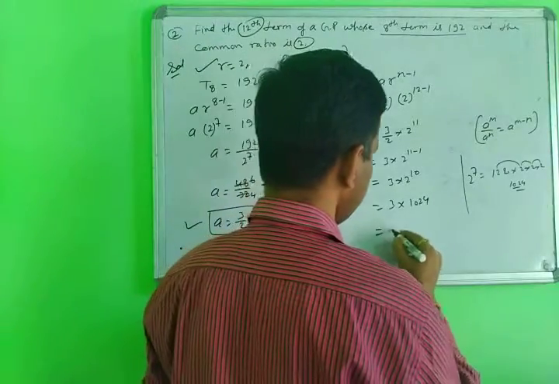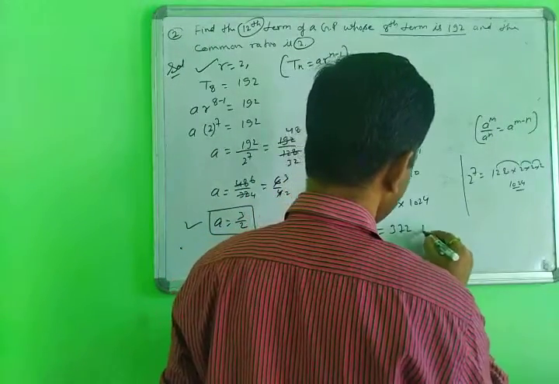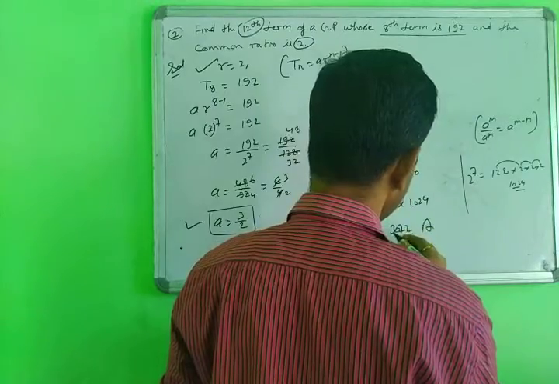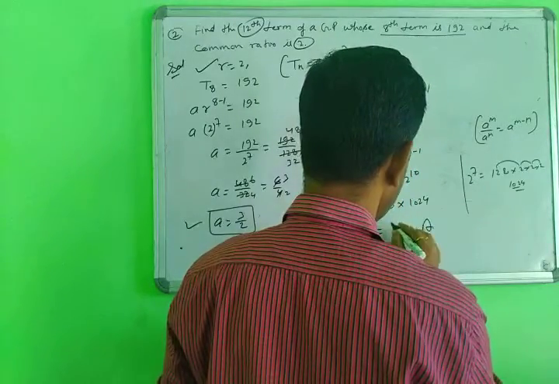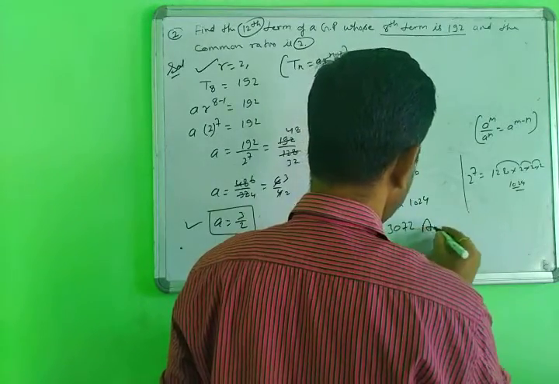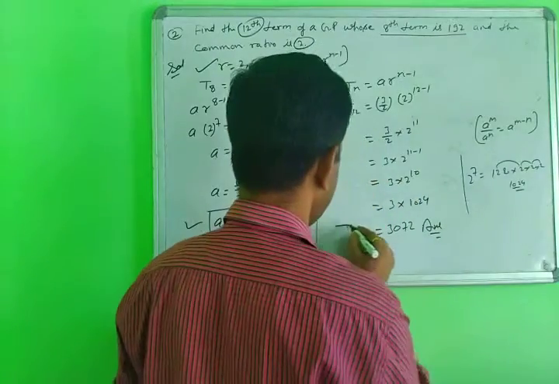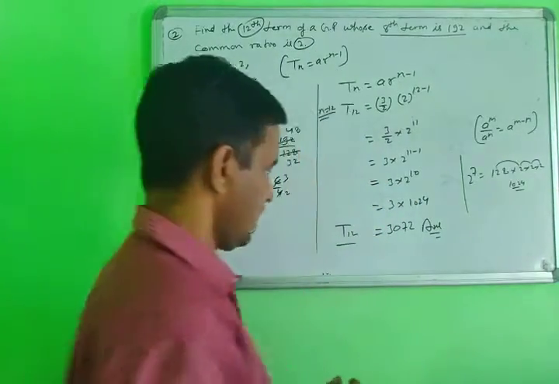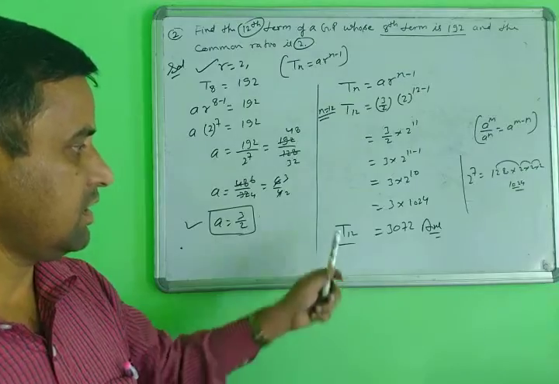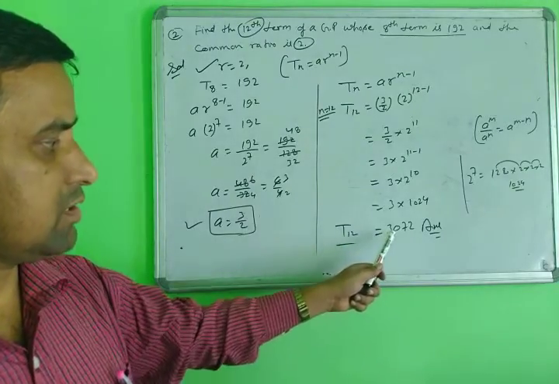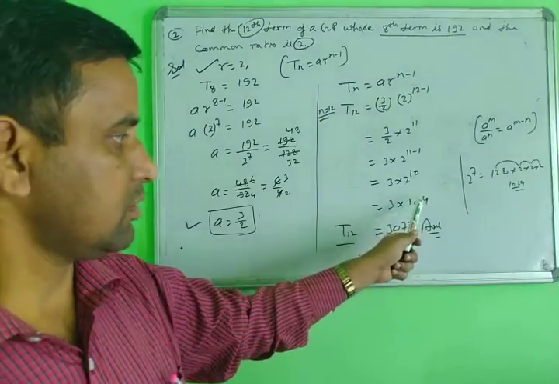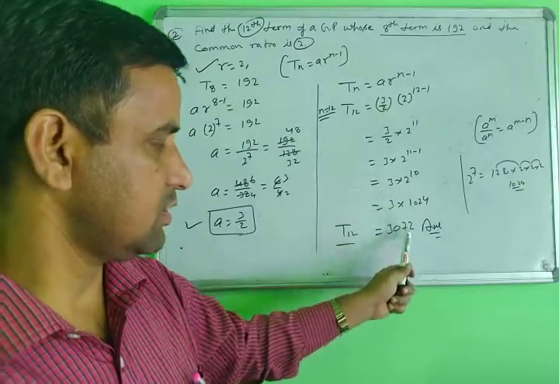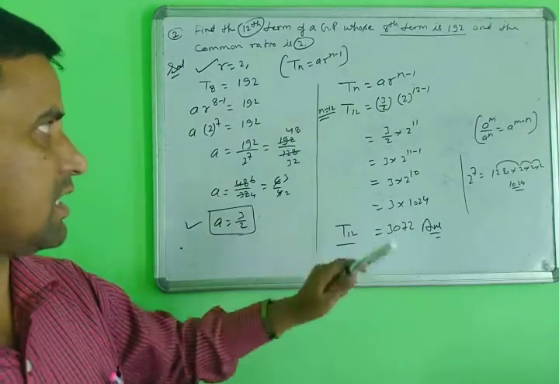Then you multiply by 3: 3072. This is your answer. The value of T12, the 12th term, is 3072. Then you will get the correct answer.